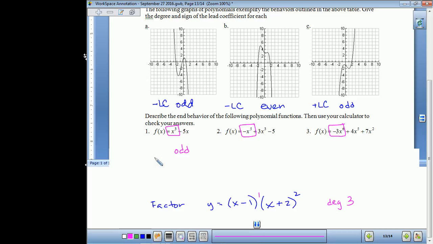And the leading coefficient is positive. So as x approaches negative infinity, y is going to approach negative infinity. And as x approaches positive infinity, so does y. Because when it's positive and odd, this is our end behavior.